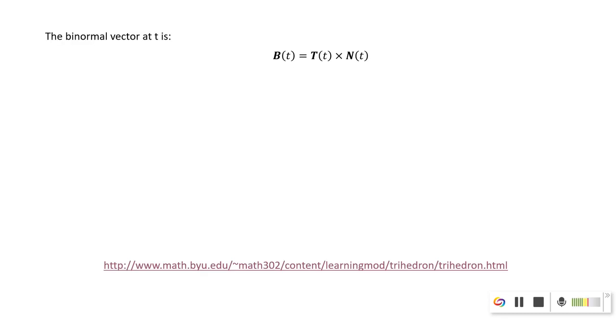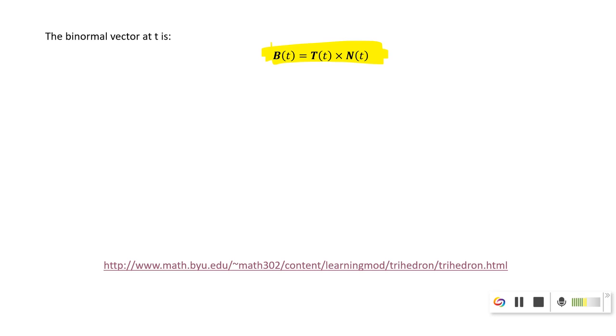The binormal vector is defined to be the cross product of your unit tangent vector and your unit normal vector. And so together, the tangent vector, normal vector, and binormal vector form 3 vectors that are orthogonal to each other that move along the path of our space curve.